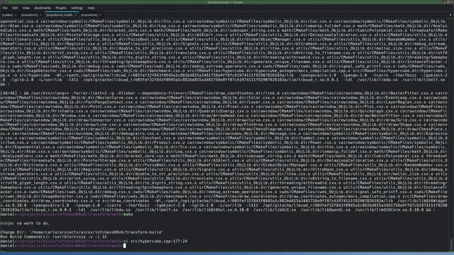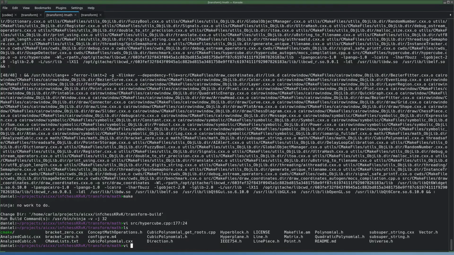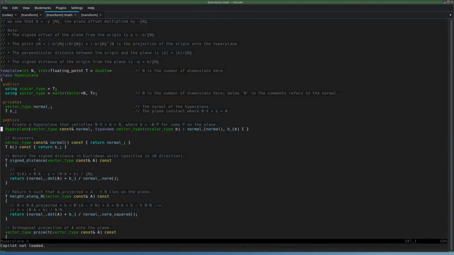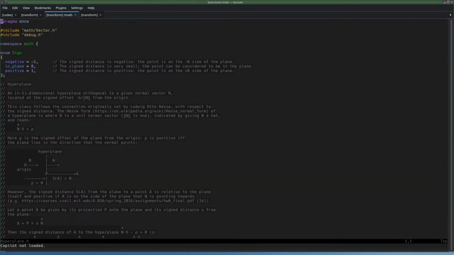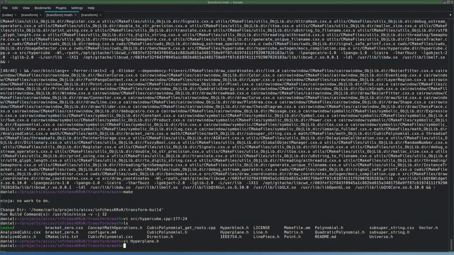Oh, wait a minute. I know I don't have my matrix yet. Hyperplane. The hyperplane was the one. Why hyperplane? It's kind of weird. No, it's nonsense even. I don't want to use hyperplane.